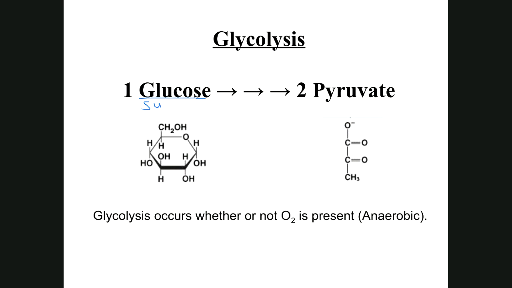We will talk about the first enzyme that catalyzes the first chemical reaction of glycolysis, and it's that enzyme that ensures glucose is the substrate used to begin glycolysis. Notice it says 1 glucose here, 2 pyruvate here. The final products of glycolysis are 2 molecules of pyruvate.